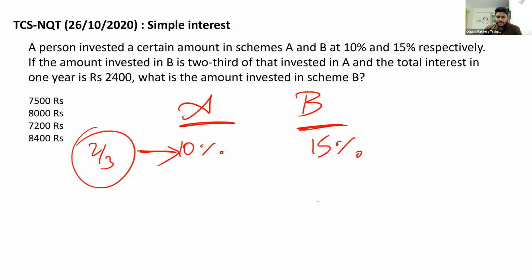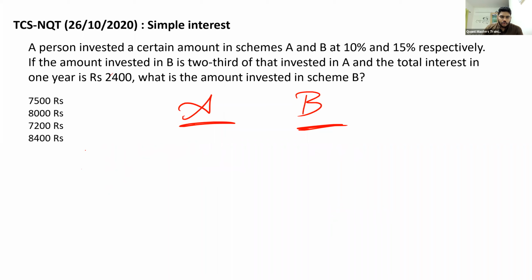And then they're telling the principal of B is 2/3 of A. So here the interest is 2/3 and here the principal is 2/3. So can I say the interest will be the same for both? If the total interest is 2,400, B will be getting 1,200 and A will be getting 1,200. Simple technique. Did you understand?